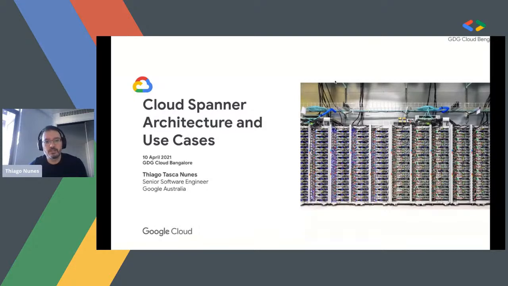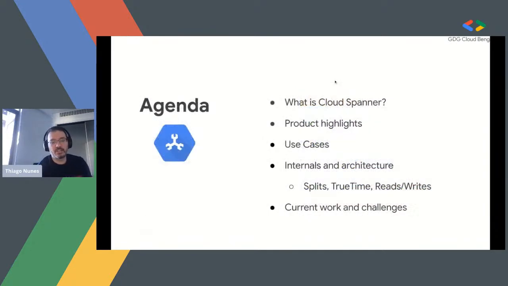Okay, so let's move on. Let's take a look at the agenda. First we're going to start by talking about what is Cloud Spanner, and how it differs from the other products that we offer. Then we're going to jump into some product highlights and the features that Spanner offers, as well as the trade-offs it makes.